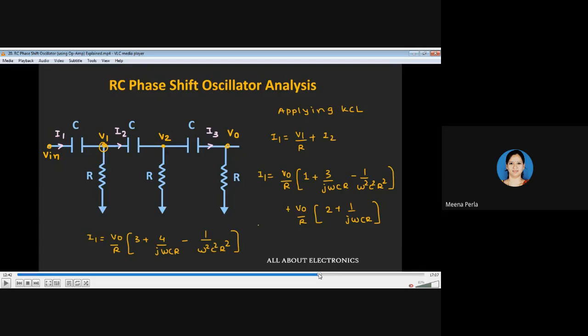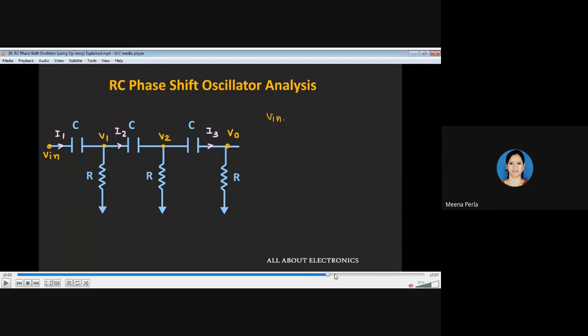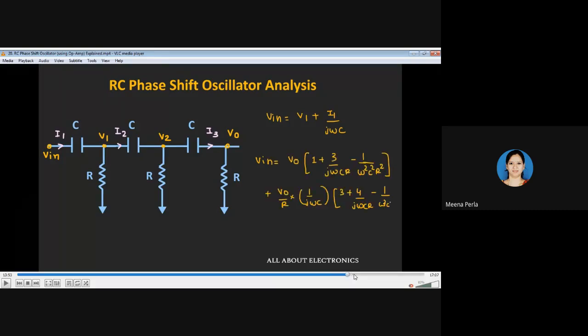So we have done with four parameters V2, I2, V1, I1 in terms of V0. Now we need to write down the equation for Vin in terms of V0. So your final equation for Vin in terms of V0 is this. So please note it down.